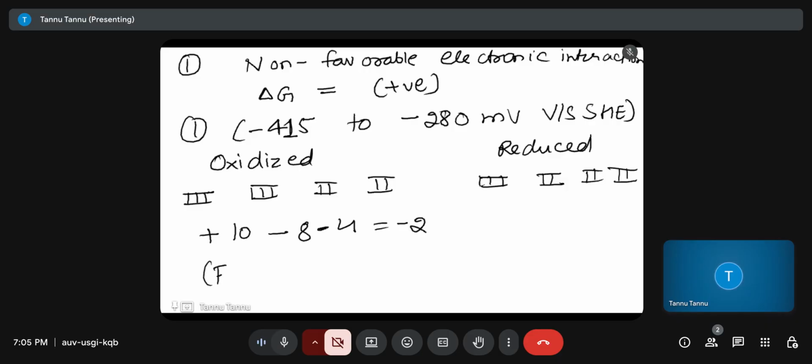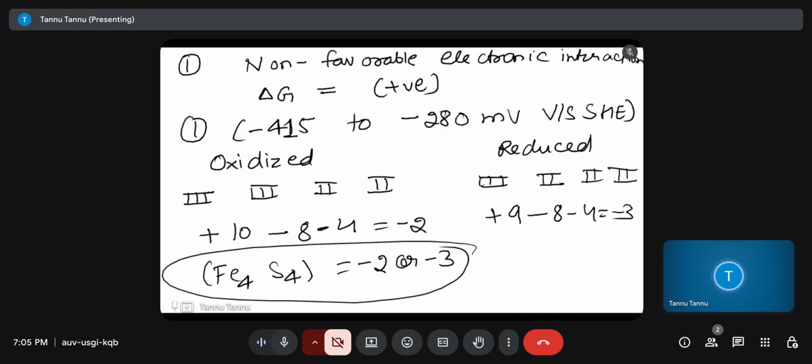So the overall charge of Fe4S4 is minus 2 or minus 3. Here it is plus 9 minus 8 minus 4 equal to minus 3. So overall it is going to be minus 2 or minus 3. That is more negative charge, and delta G is positive.